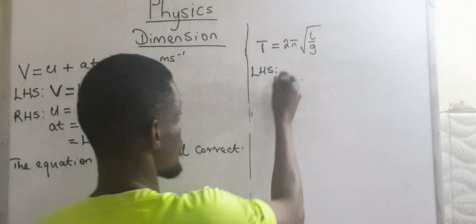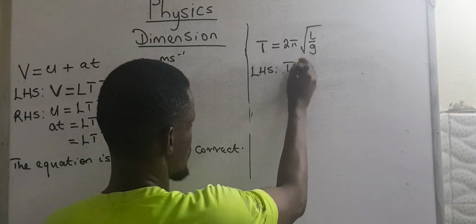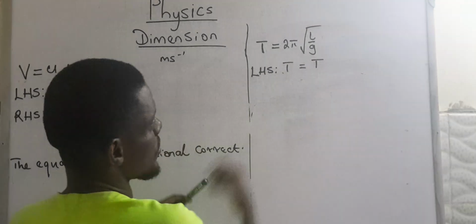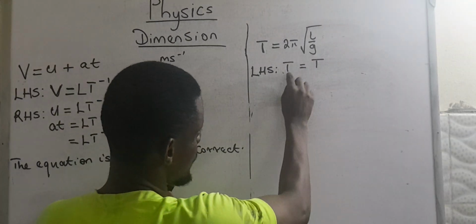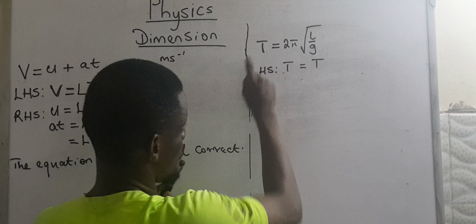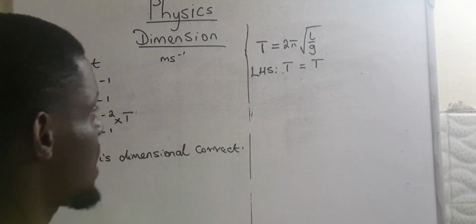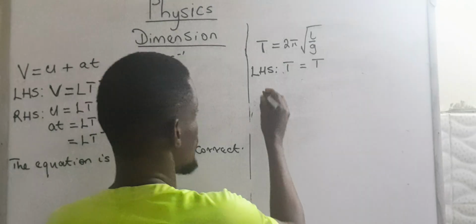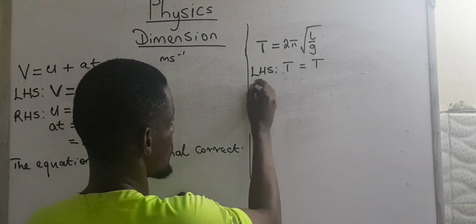So the dimension of T is still equal to T. This is the physical parameter, the period, which is the time taken to complete one oscillation.